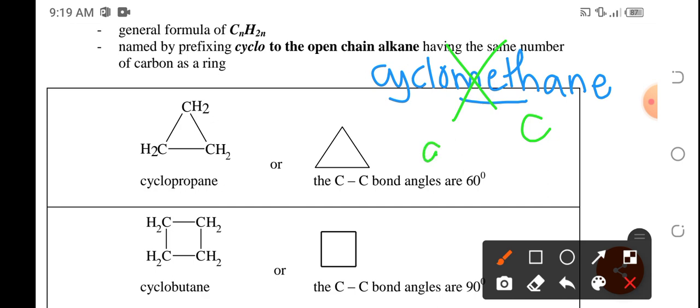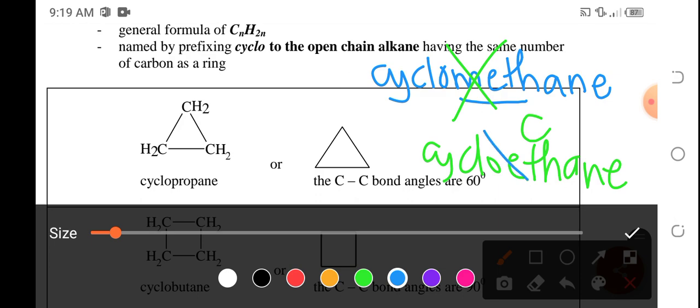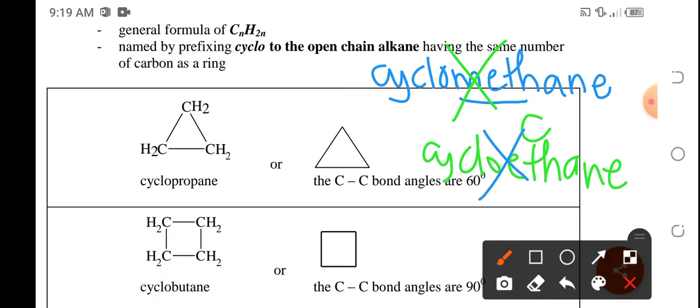Same is true for cycloethane. Walang ganitong hydrocarbon. Why? Kasi for that cycloethane, eth means two carbon atoms in a single bond, ethane.